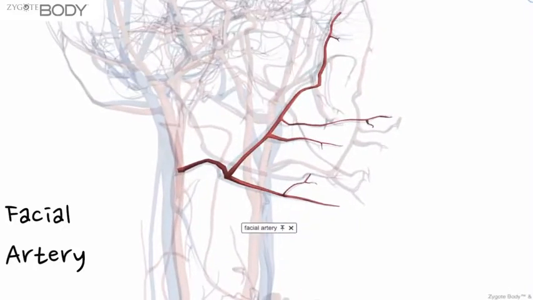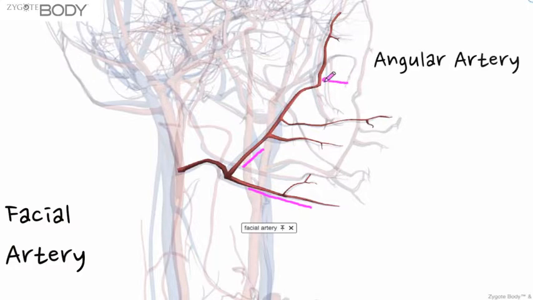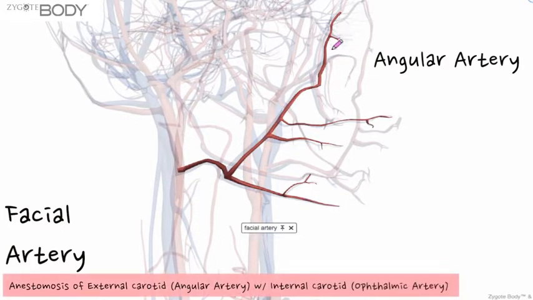As you can see, the facial artery has a number of branches going down the face, these ones that I'm highlighting here. Importantly, this branch here is called the angular artery. The angular artery is important because it is the artery that allows the external carotid to form an anastomosis with the internal carotid.